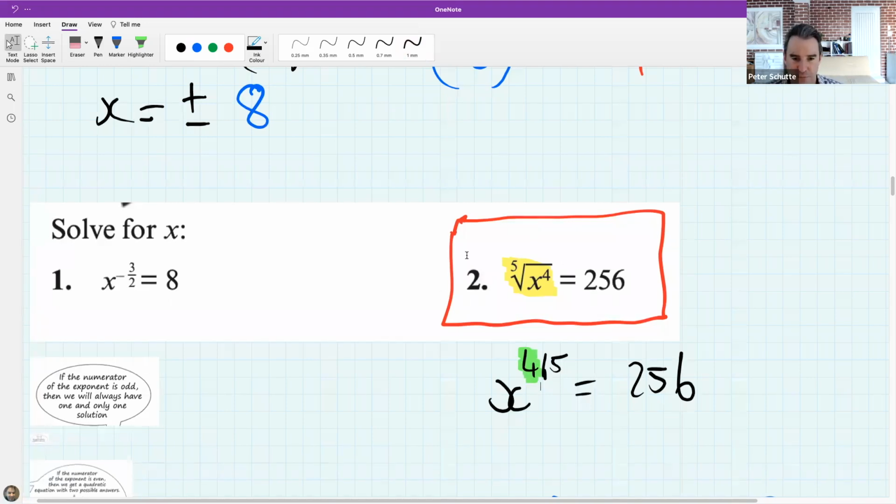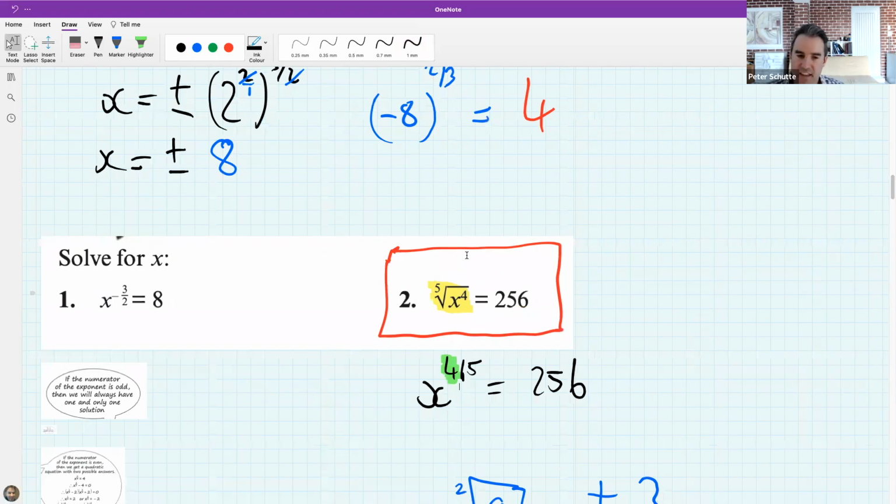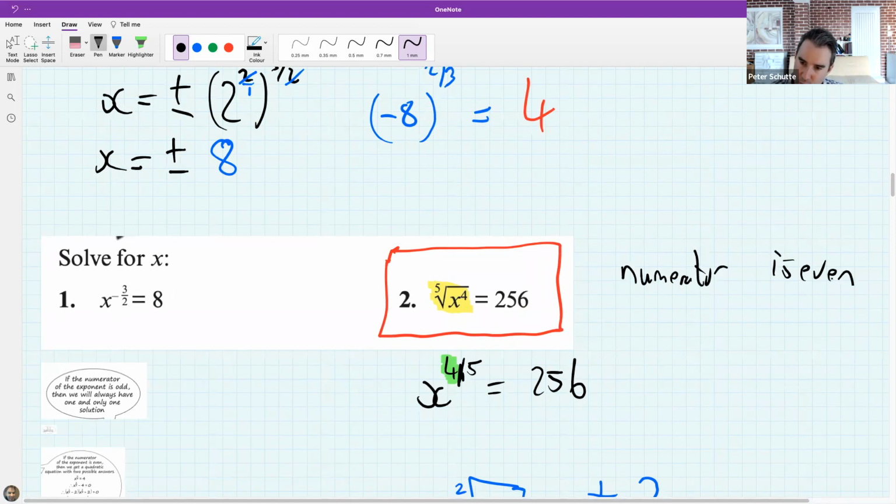You've been very helpful. So what I want to point out is in this question, the numerator of the fraction is an even number. And when the numerator is even in this type of question, there's going to be two answers. I want you guys and girls to try and find me what those two answers are. So over to you. There are going to be two answers.